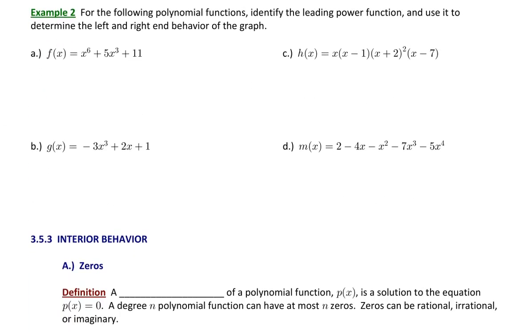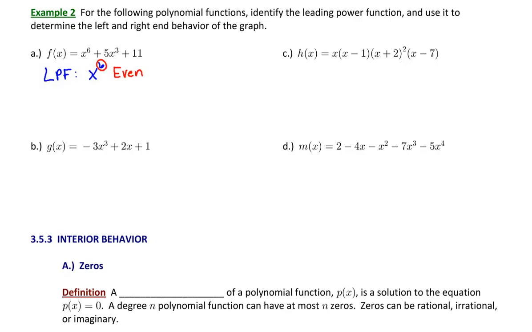For the following polynomial functions, identify the leading power function and use it to determine the left and right end behavior of the graph. Recall that the leading power function is the term with the highest exponent in the polynomial. So in the case of example A, the leading power function for f of x is x to the 6th power. Observe that this is an even degree leading power function.